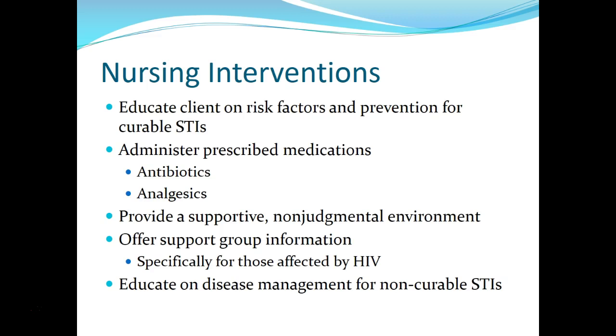We want to administer prescribed medications. If there is an option to administer Rocephin IM, we want to do that instead of a 7-day supply of Zithromax. If they need analgesics, we want to educate them on what they can take. Usually it's just something over the counter like Tylenol or Motrin.